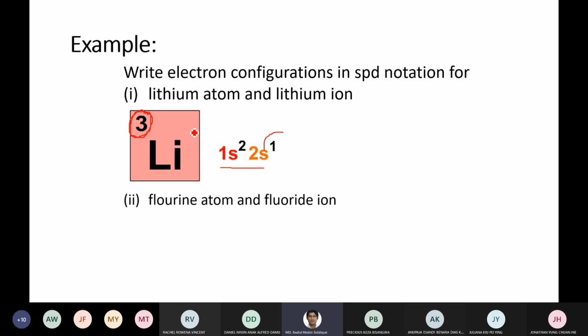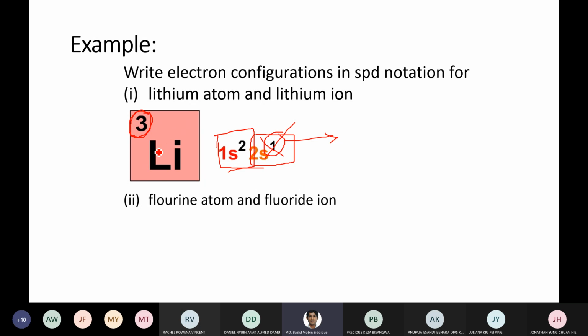But now if it wants to release 1 electron, what will happen? There will be no 2s anymore. 2s is gone, so only 1s2 is there. The electronic configuration for lithium is only 1s2.